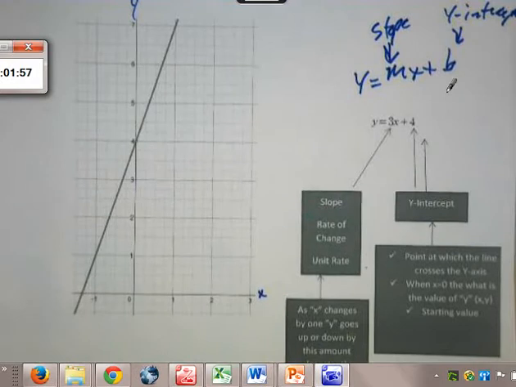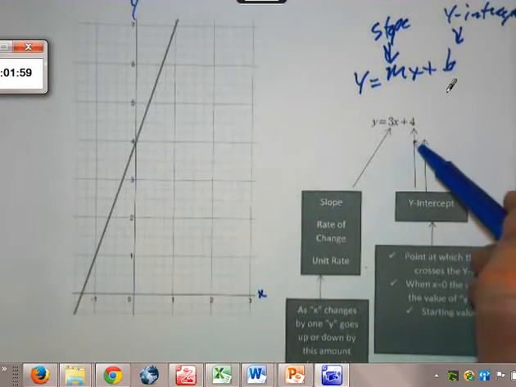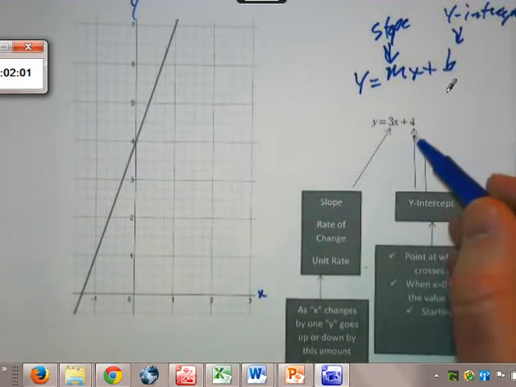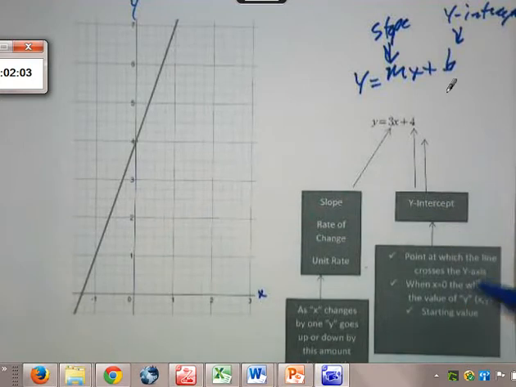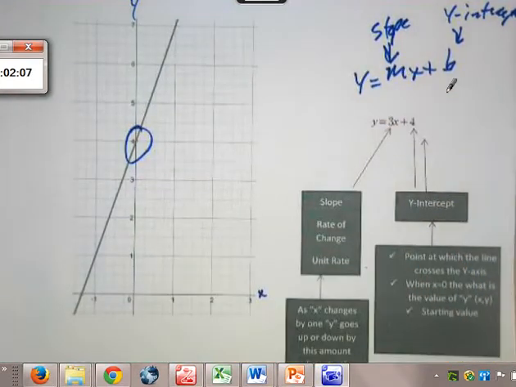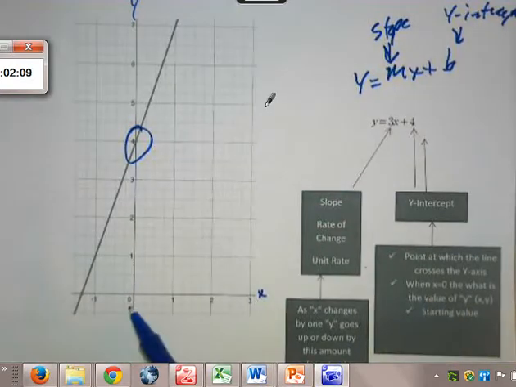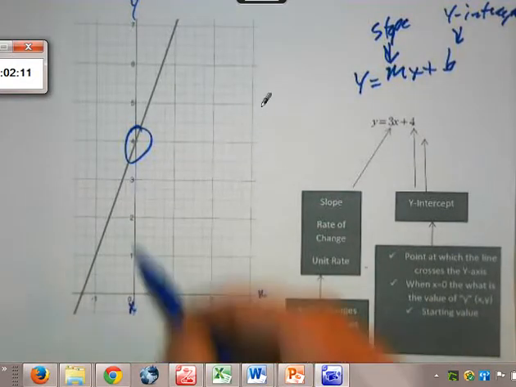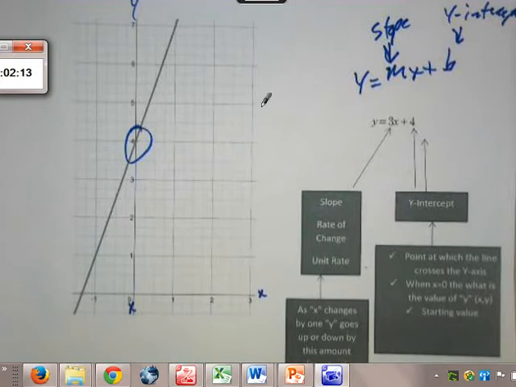Okay? And then we have the y-intercept, which is the point at which the line crosses the y-axis. It's also when x is 0, what is the value of y? It's also known as our starting value. Okay?